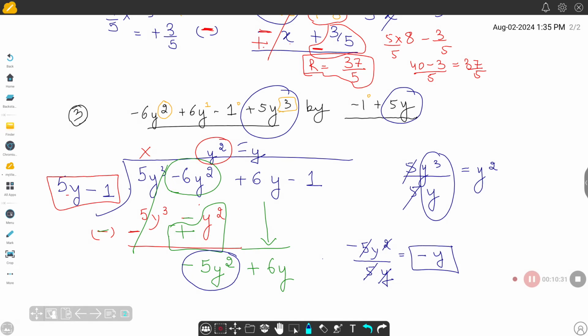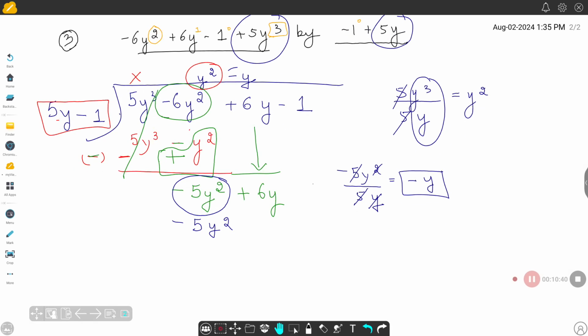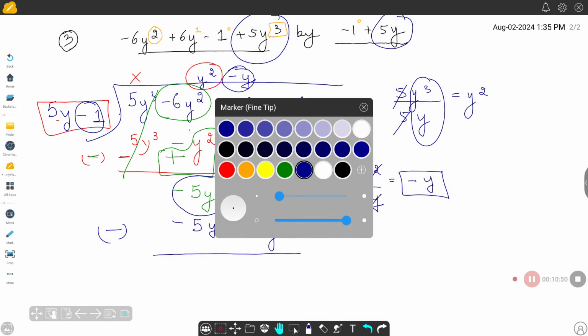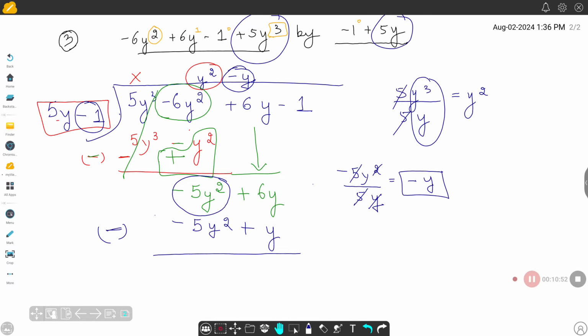So 5y into y is minus 5y square, and then minus 1 into minus y, positive y. So as you can see here, minus minus becomes positive, and then minus plus becomes negative.